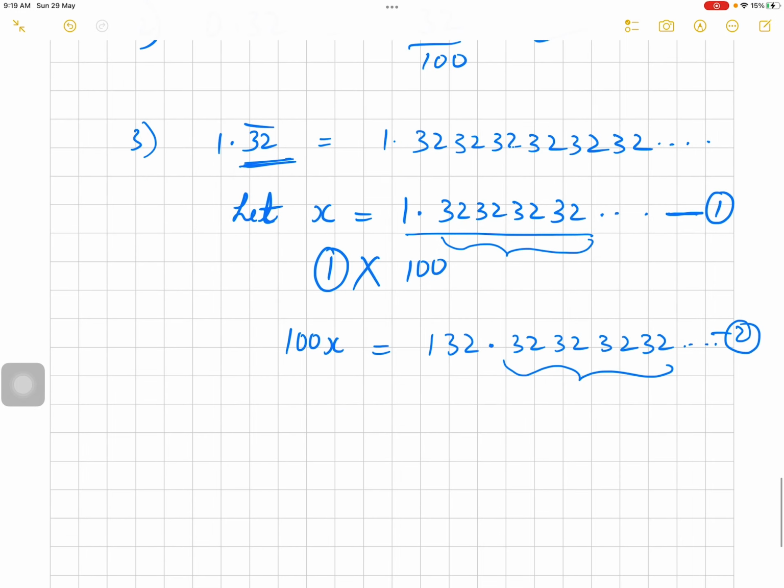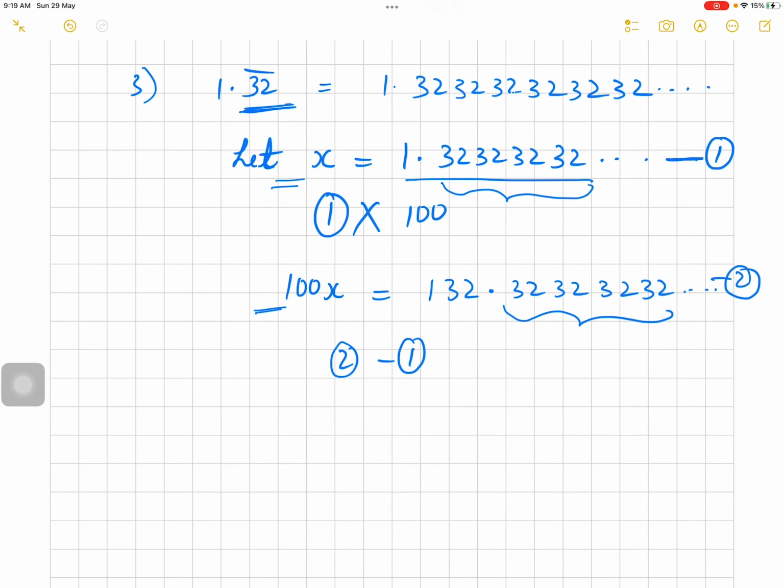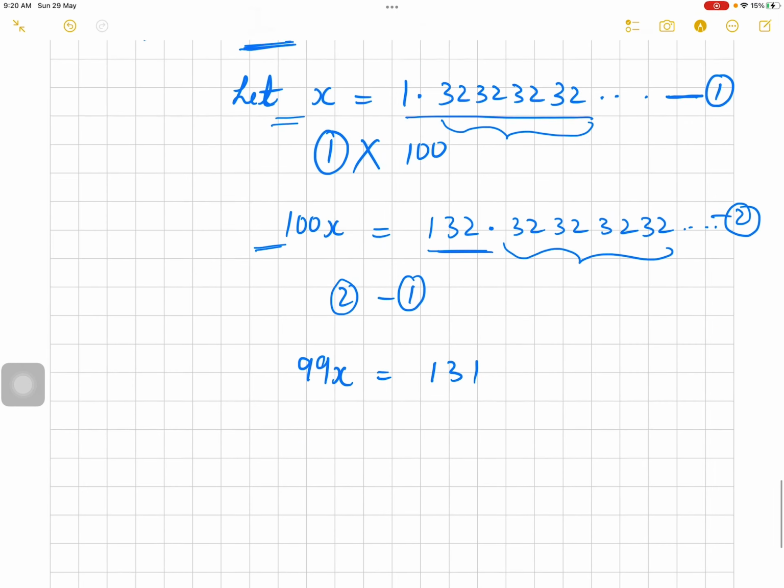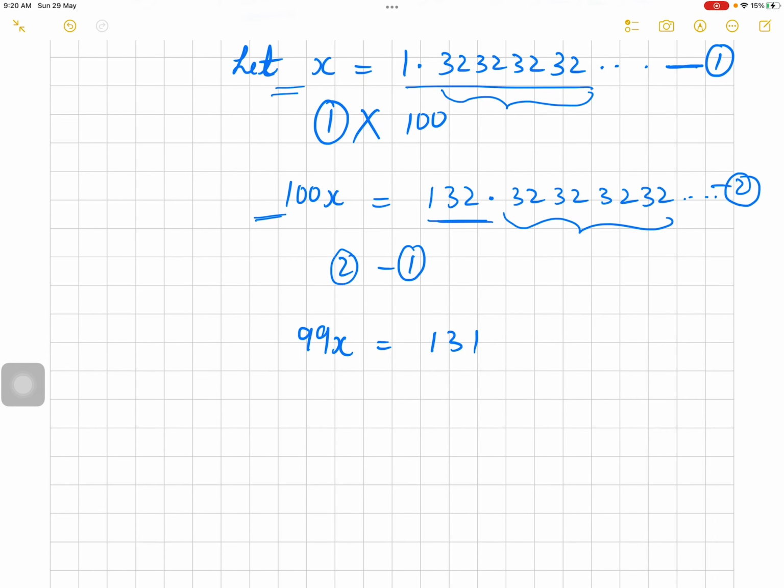Now I will do 2 minus 1, that means 100x minus x. When I do 100x minus x, I get 99x, and 132.32323232 minus 1.32323232 is 131.